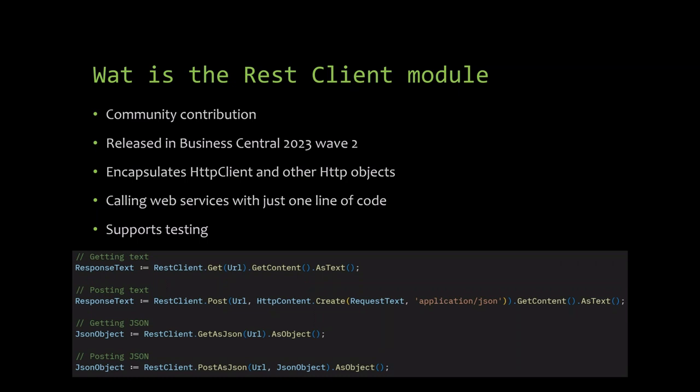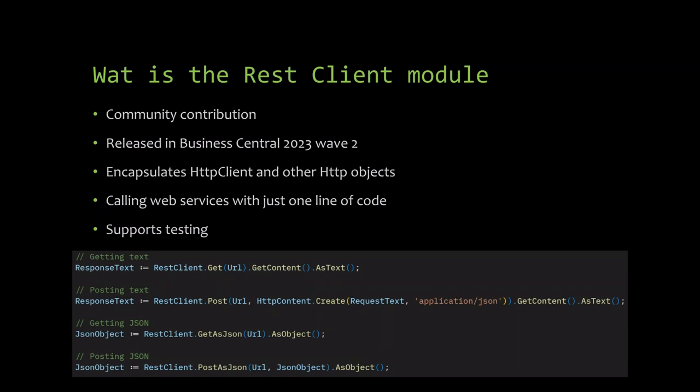The REST client allows you to call a web service with just one line of code. As you will see on the next slides, it's probably not the best thing you can do with the REST client, because you need to initialize the REST client, as I will explain later. But it is possible to call a web service with just one line of code, as you see here in the code examples.